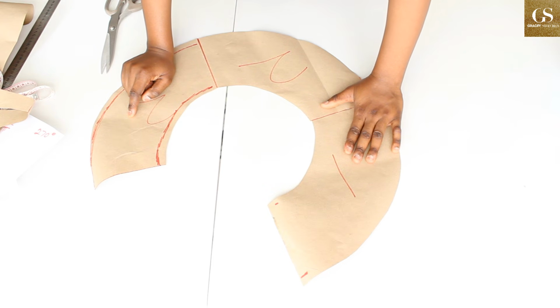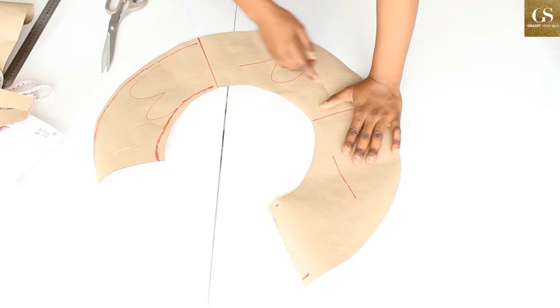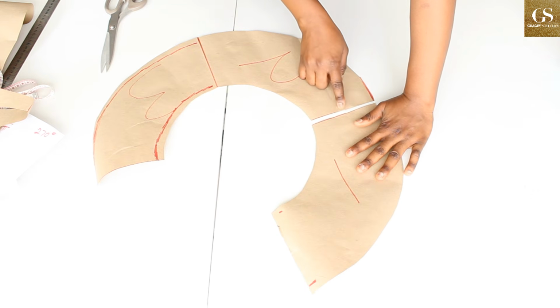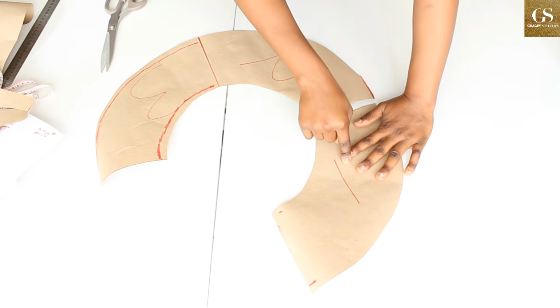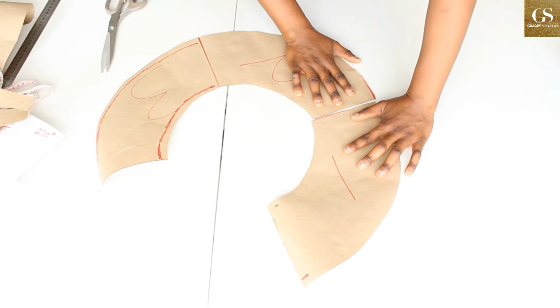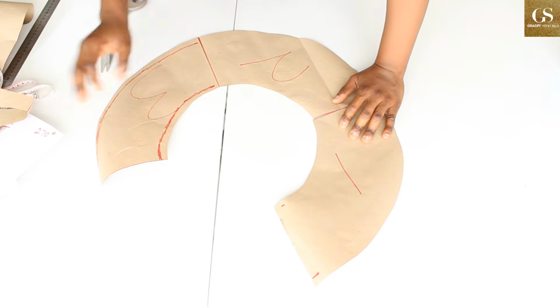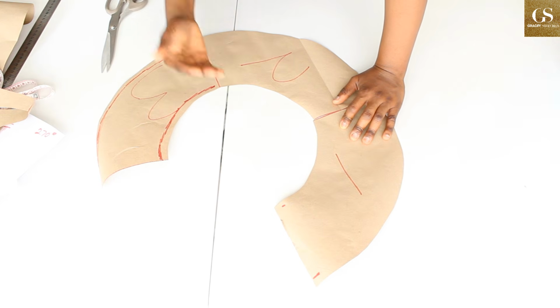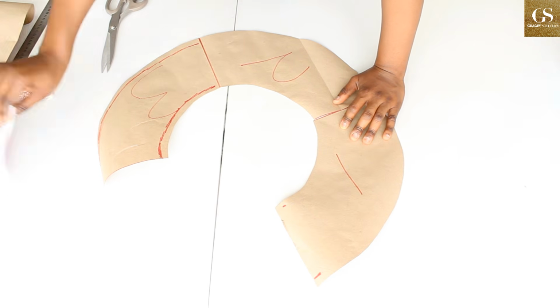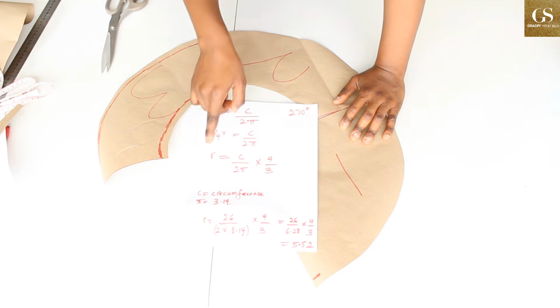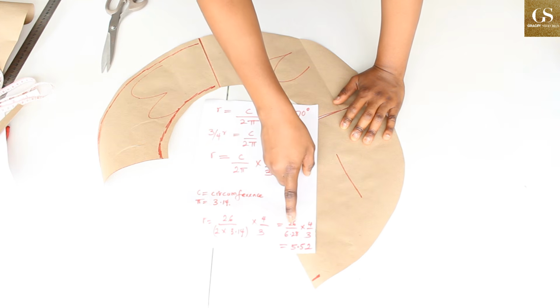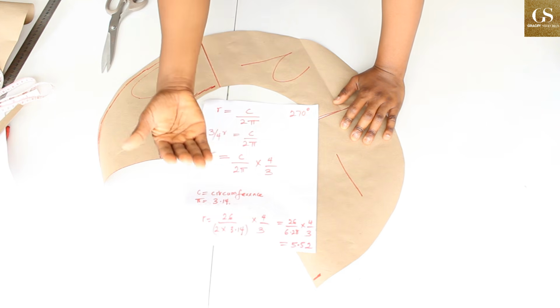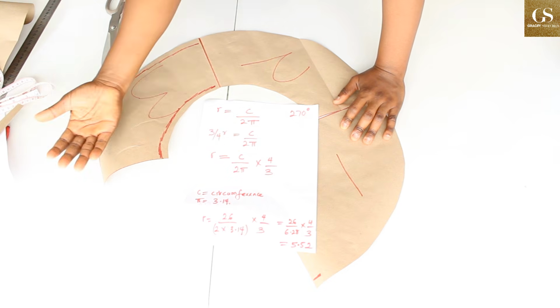So guys, one thing I forgot to mention was that we will be joining this 180 to 90, we'll have to join it, right? Because we are going to join it, you should add an extra 0.5 inch to your waist measurement. So at this point you should add 26, which is the waist measurement that I'm using, plus maybe 1. Let's do 1.